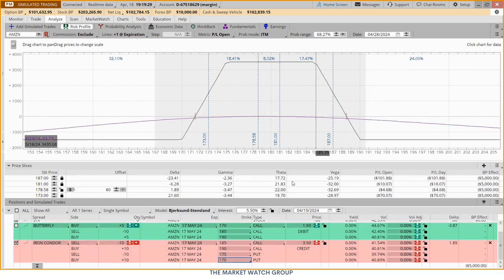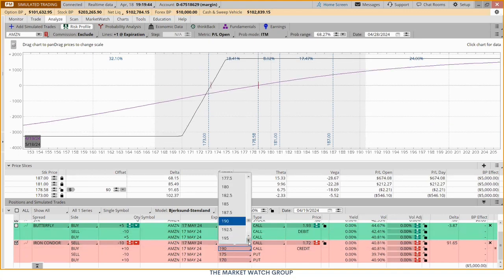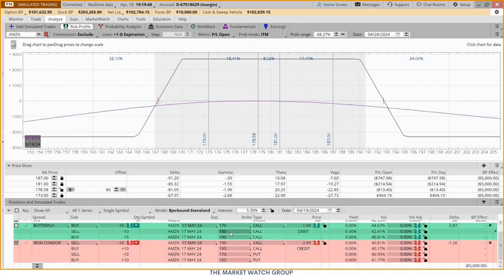So now I've moved it. And here's the thing: if I want to give this higher probability, I can take this to 190 and this to 195. And then I can take this back to 170 and this back to 165.